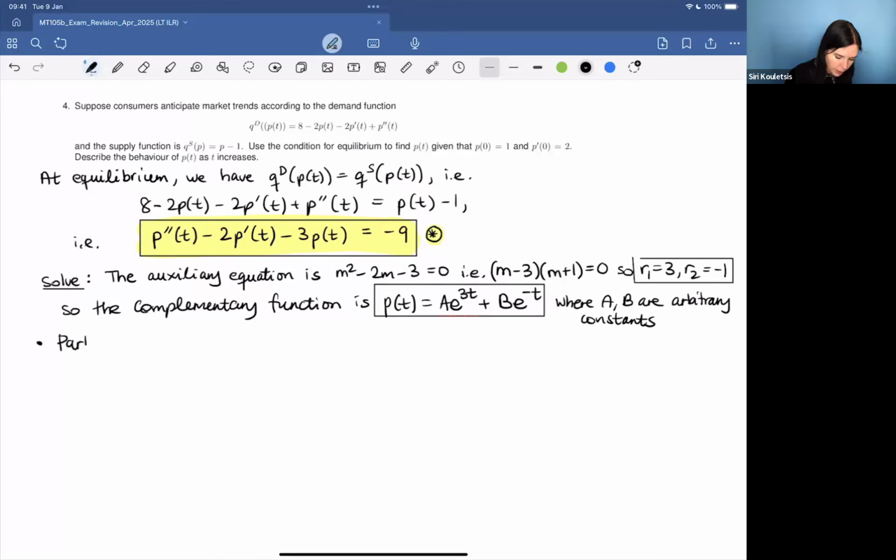And then for a particular solution, since the right-hand side here is a constant, we try P of t equals c, where c is a constant.